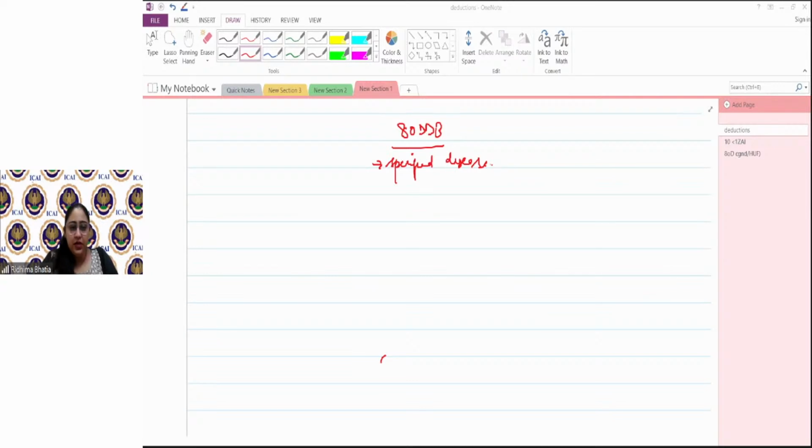All of these are your specified diseases for which 80DDB can be claimed. The question comes, who can claim this deduction? The resident individual or HUF can claim the deduction. When and for whom can the deduction be claimed? The deduction can be claimed for the medical treatment of that prescribed disease or ailment.